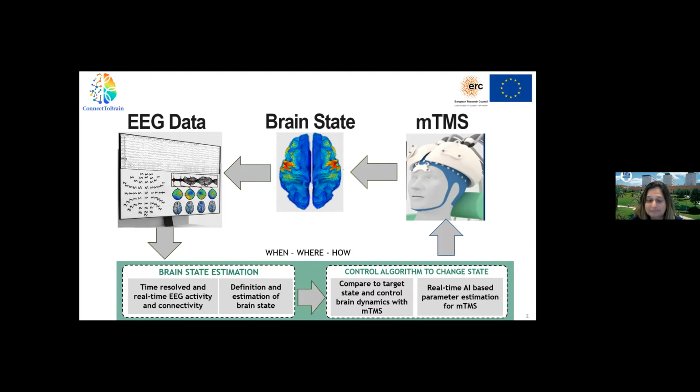So this is the big umbrella, and the idea now is to put together the effort of the hardware part, of the software, of the clinician, to understand where, when, and how to stimulate the brain in order to have the maximum therapeutic impact in the long term.